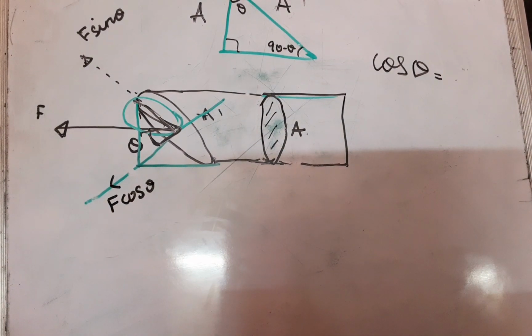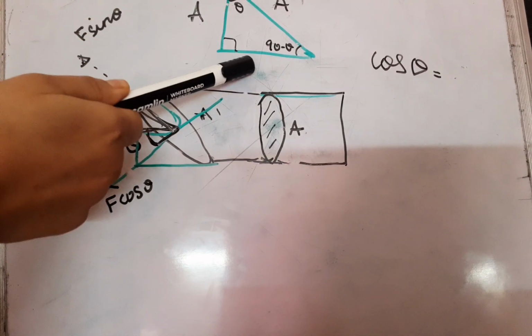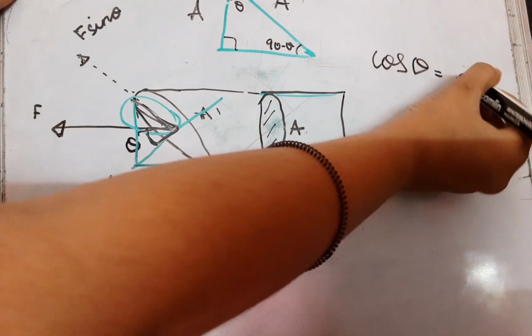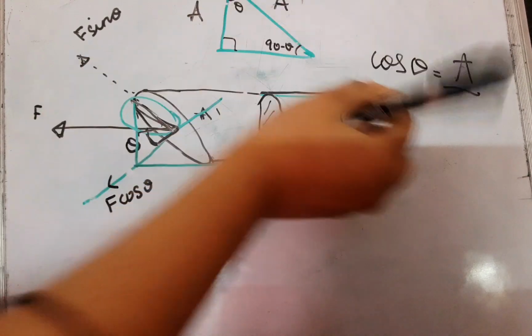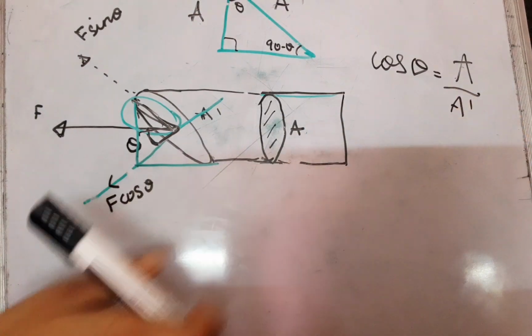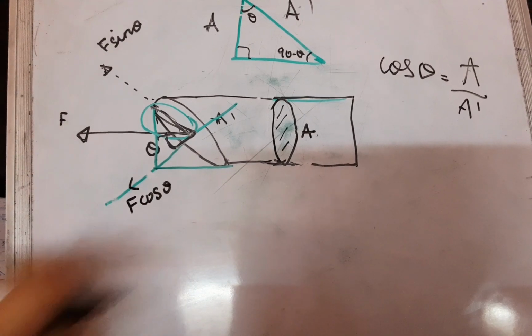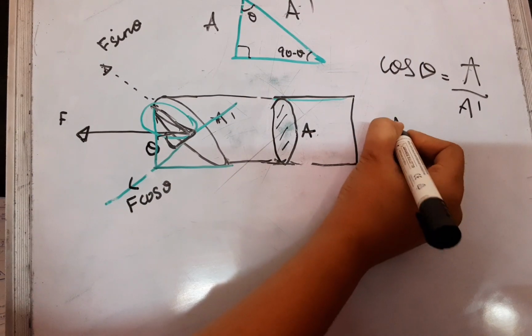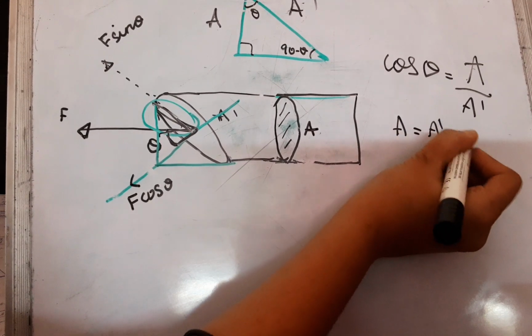Adjacent by hypotenuse. If this is theta, this is the opposite side and this is the adjacent side. Hypotenuse is A dash. So the relation is A equals A dash cos theta.